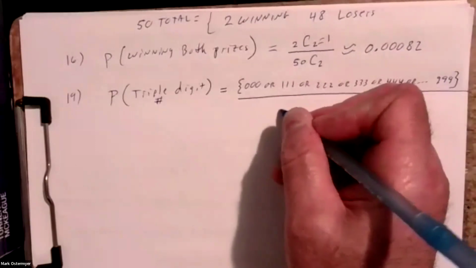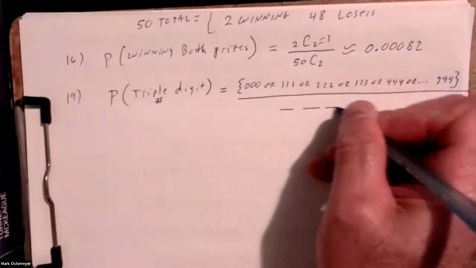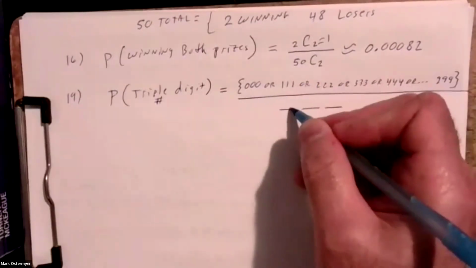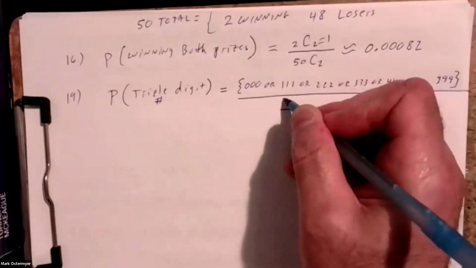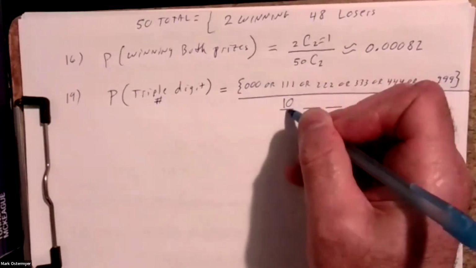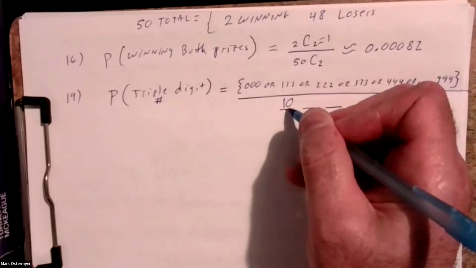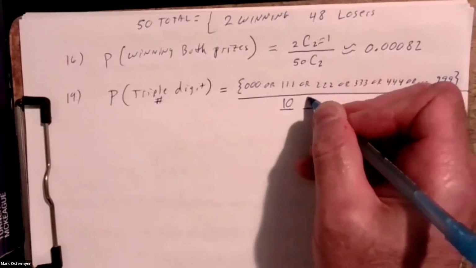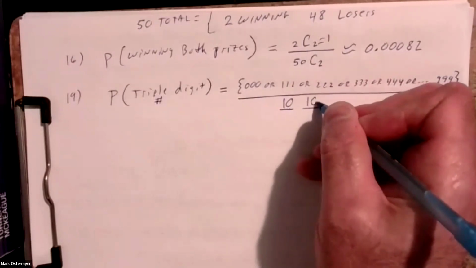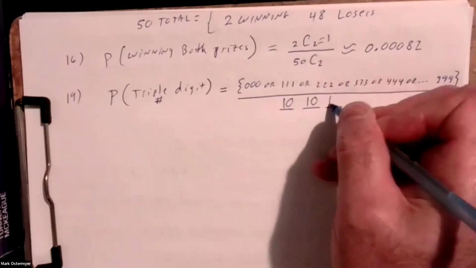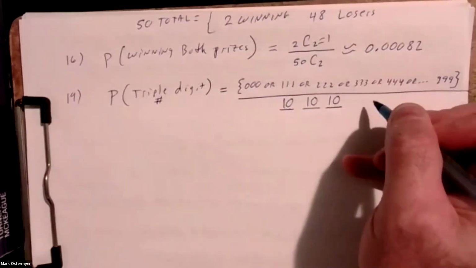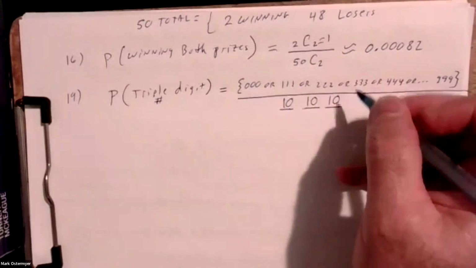For instance, consider this to be like 3 little mailboxes here. How many ways can you populate the first digit? There's 10 digits to choose from: a 0, a 1, 2, 3, 4, 5, 6, 7, 8, or 9. There's 10 ways to populate the second digit choice, and there's 10 ways to select the third digit for a 3-digit lottery ticket.